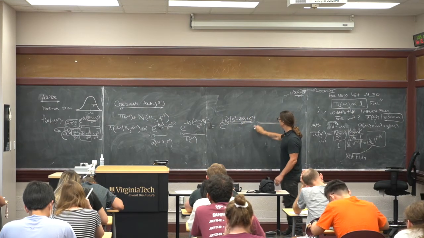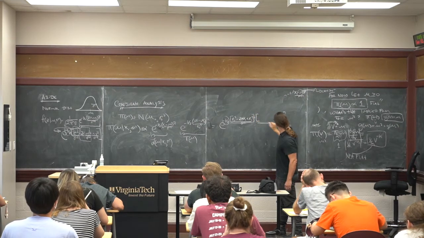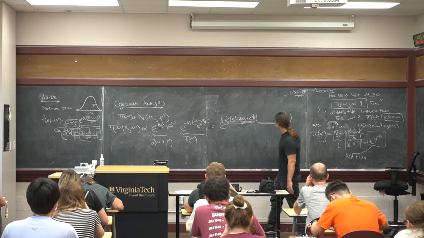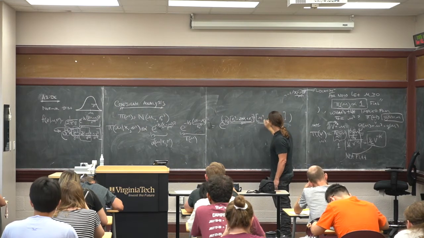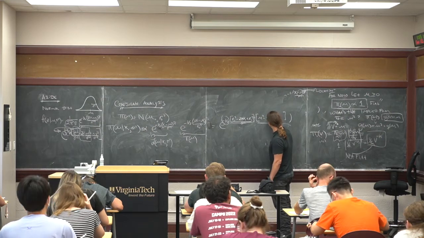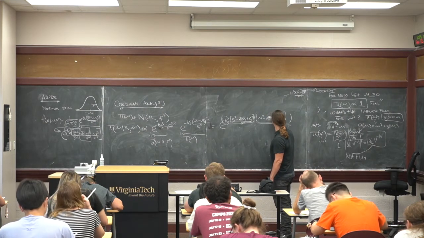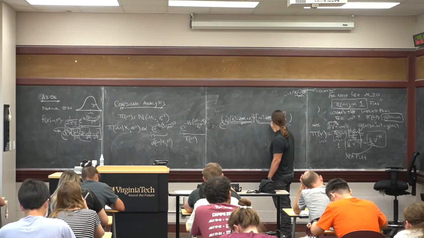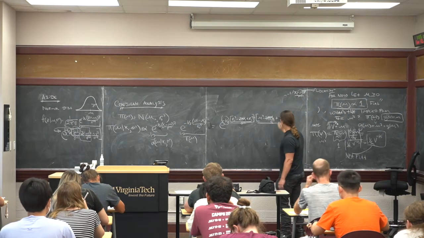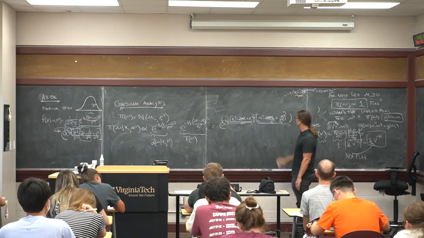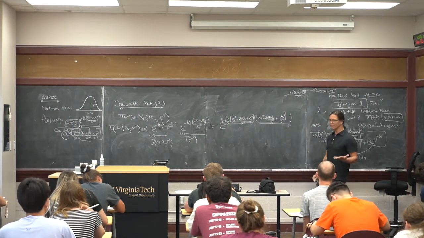And this one is going to be mu squared minus 2 mu naught mu, divided by sigma naught squared, plus mu naught squared over sigma naught squared. So just some expansion of the square.